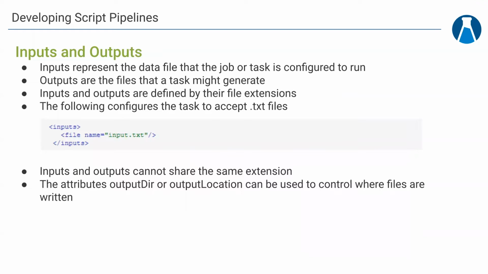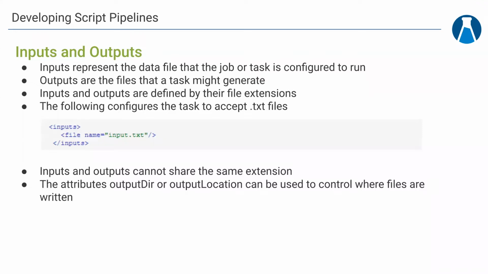So let's talk a little bit about what those inputs and outputs can look like. They're basically the files; the input file is what we're going to be taking in for the task. The important part here is not so much the full name of the file as the actual file extension.